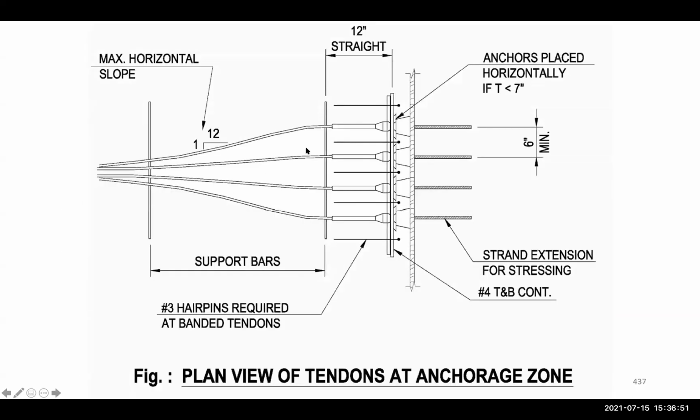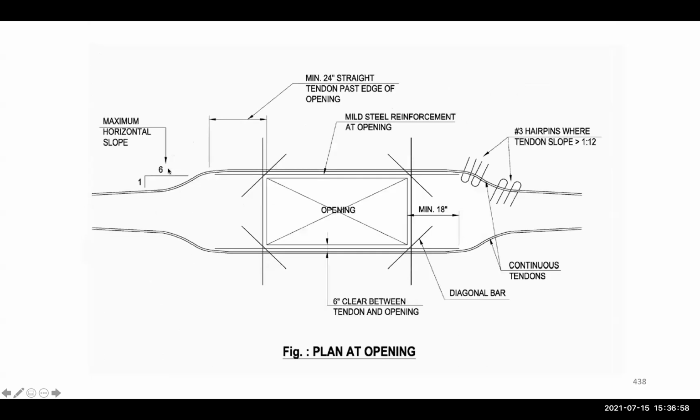Okay, so here we're talking about the curvature. See, so that's what we're talking about. It's talking about the curvature in the tendons, and we have other examples. So here around the openings, if the slope is greater than 1 to 12, then we have to provide these number 3 hairpin bars.